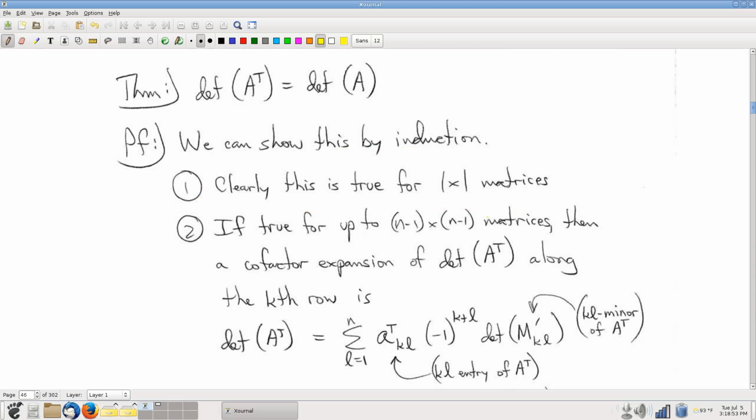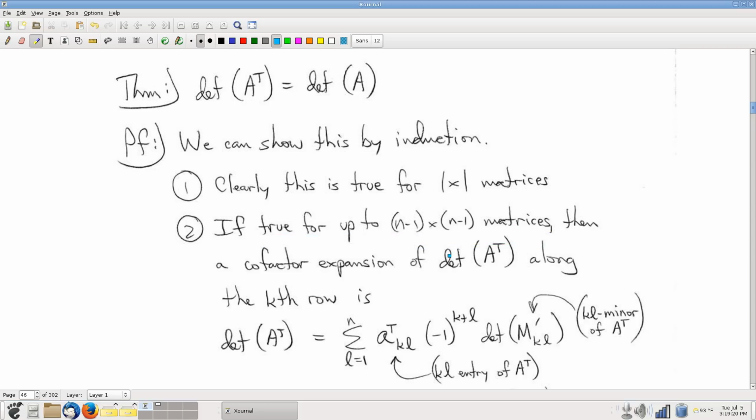Okay. All right. So now let's suppose, as one does with induction, that we know that our result is true up to n-1 by n-1 matrices. And all we know is that it's true up to n-1 by n-1. And from that, we want to prove that the result is true for n by n matrices.